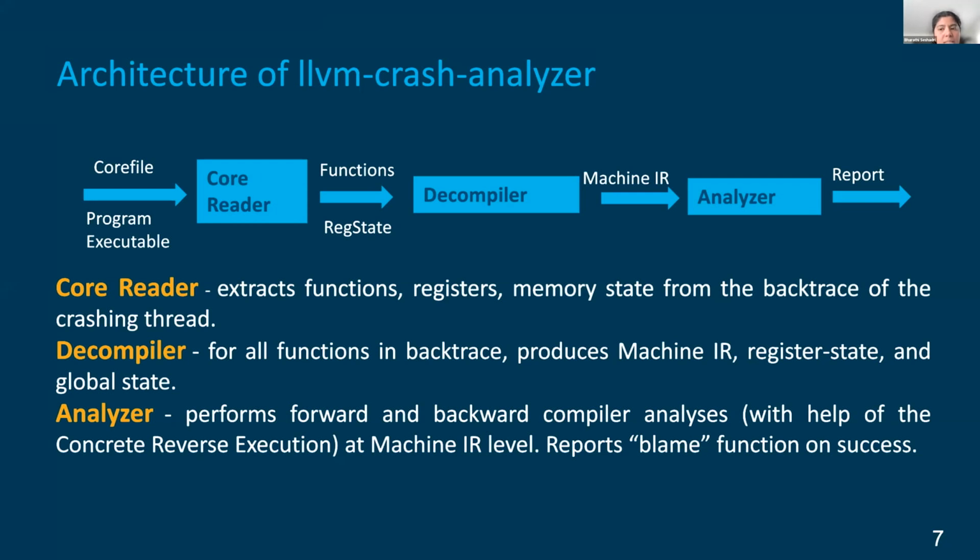It also provides the MIR for other functions that may need to be analyzed. And then we have the analyzer that performs both the forward and backward analysis at MIR level, and we'll see why. Finally, we produce a taint flow graph and a function that is likely to be responsible for the crash.